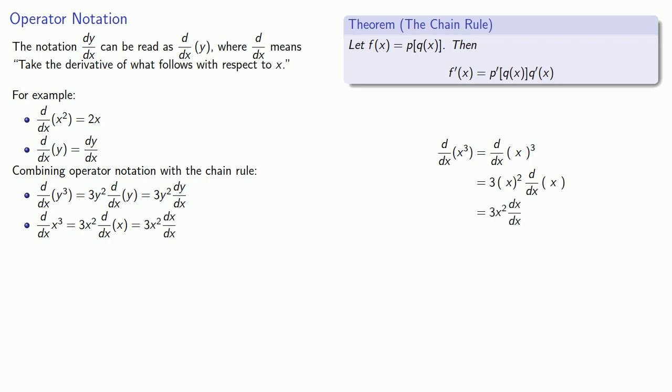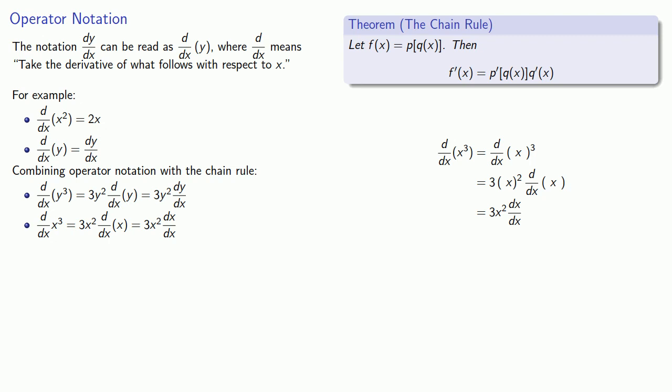Again, this differential notation does not represent a fraction. It represents an operation. In this case, find the derivative of x with respect to x. However, differential notation is a useful form of notation because it suggests a much simpler way to get this result.